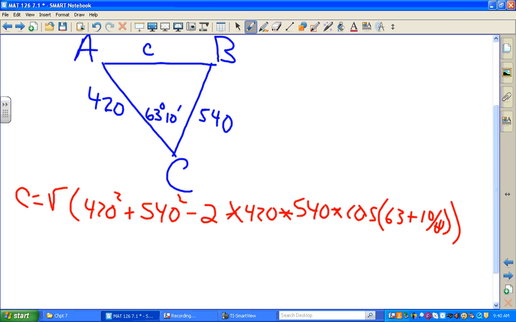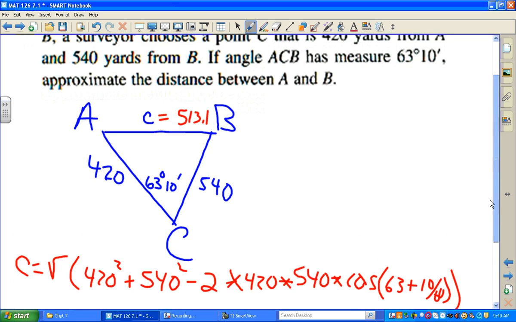Nice, you should be a surveyor. 513.1. Anybody else get that? I got it. Fantastic. The unit? I thought it said yards. Let's check. It said yards.